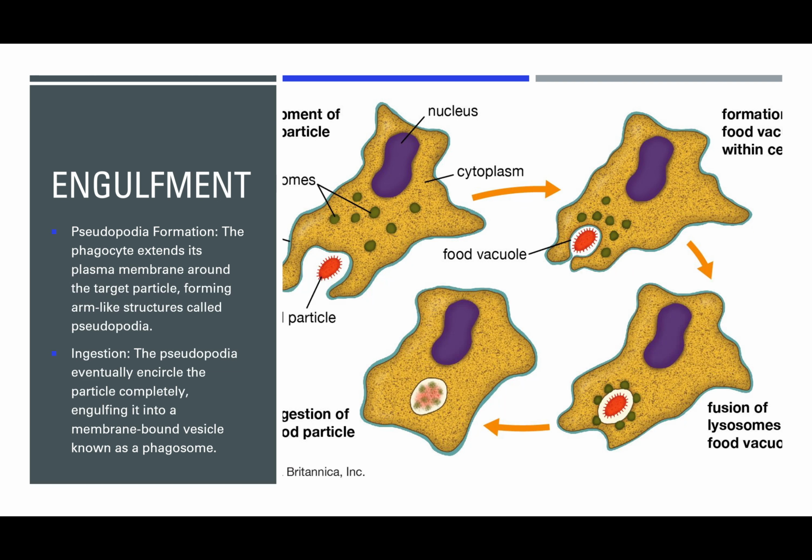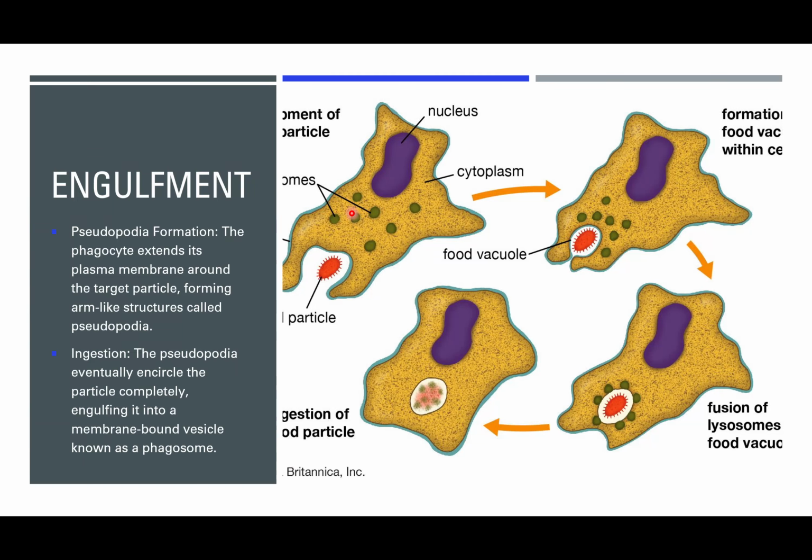Its pseudopodia are projected around the pathogen, so we have pseudopodia formation. The phagocyte extends its cytoplasm around the target particle, forming an arm-like structure called pseudopodia. The pseudopodia eventually encircle the entire pathogen, completely engulfing it, and form a membrane-bound vesicle known as a phagosome.